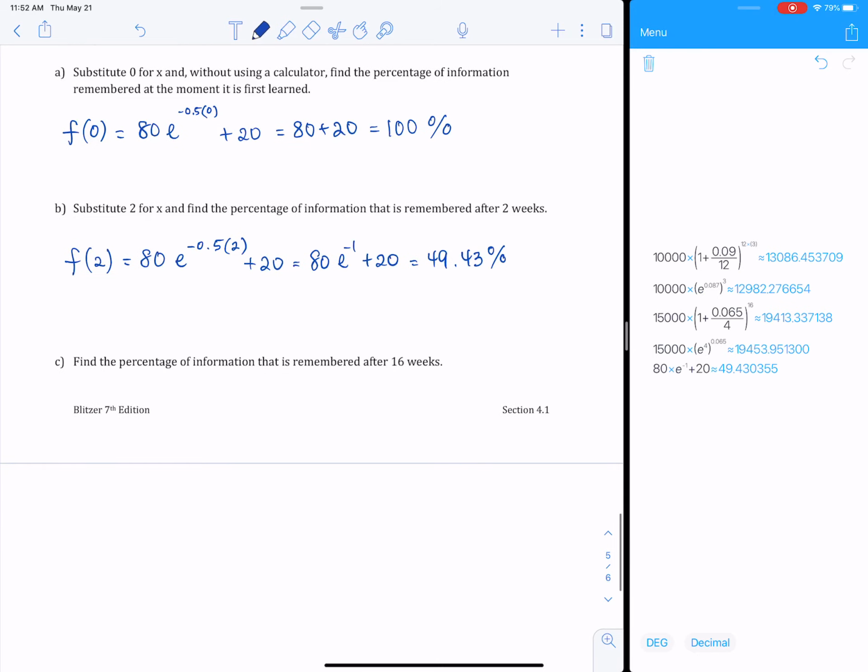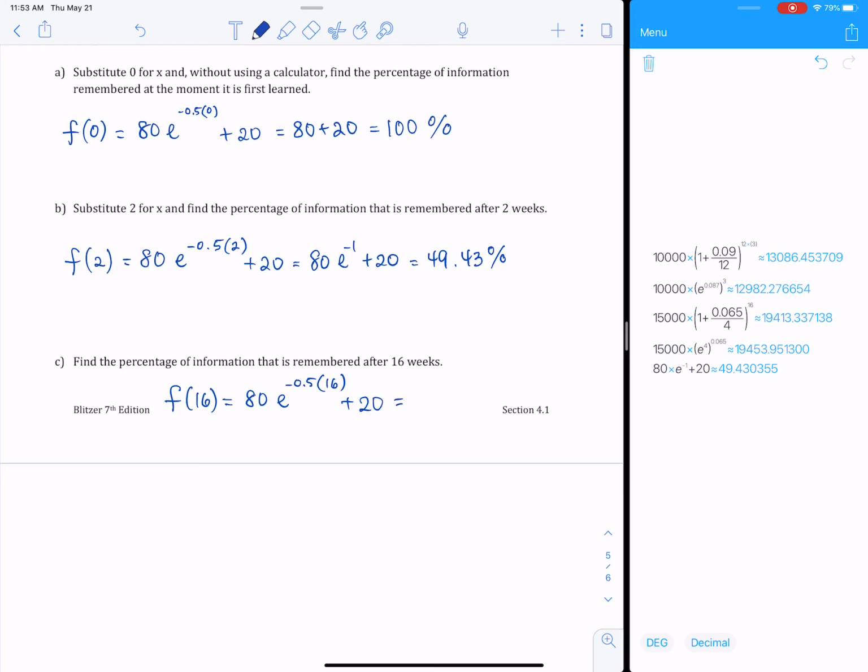Find the percentage of information that remains after 16 weeks. Well, here we're going to do f of 16, which is 80 times e powered by negative 0.5 times 16 plus 20.